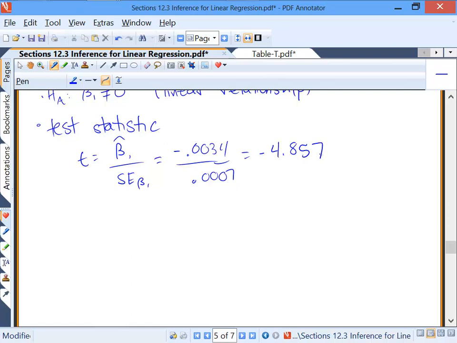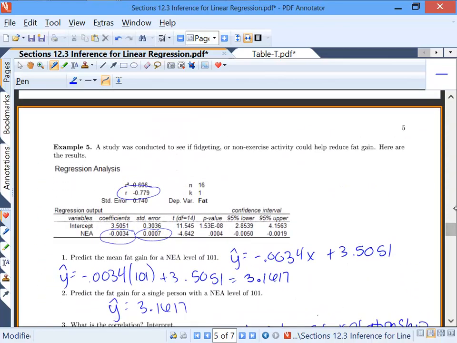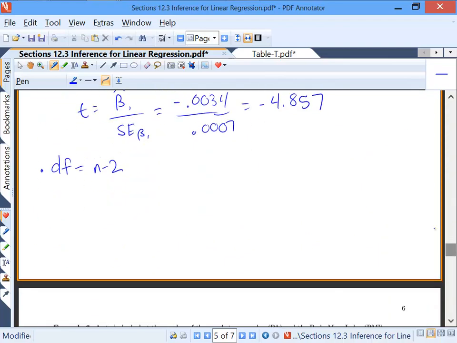So even though that slope is really small, my standard error was also really small. So my test statistic is actually pretty far out there in the tail, I think. But we want to figure out exactly how far it is out there in the tails. So I need degrees of freedom, which are n minus 2. Looking at the output, n is 16. And my p-value, I want the area in both tails.